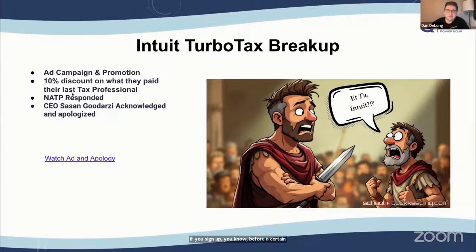The National Association of Tax Professionals responded pretty politically, I guess is the best way to say. Their response was, we're not accepting anything from Intuit in the future, because we're trying to protect our members, not necessarily persuading people to not use Intuit products and services, but they're trying to be Switzerland in the process.